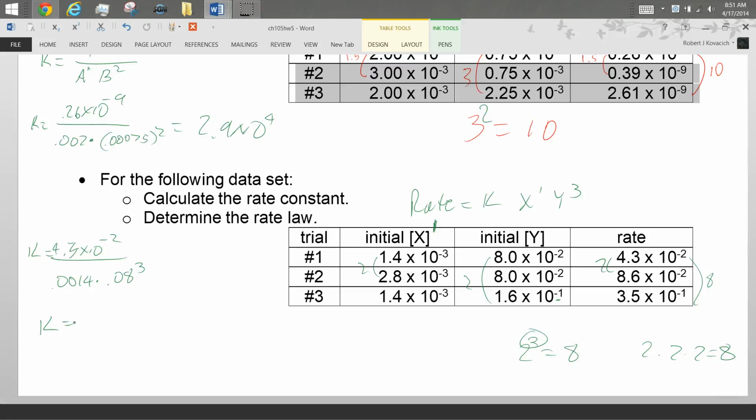Alright, so 0.043 divided by 0.0014 divided by 0.08 cubed. I got 6 times 10 to the fourth.